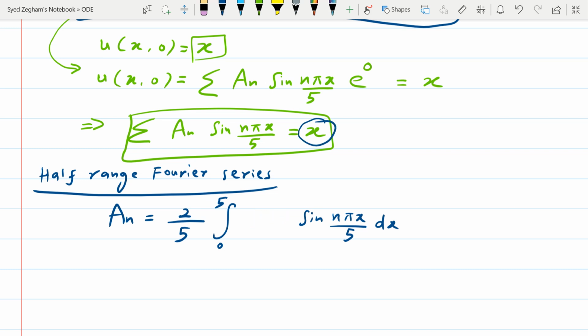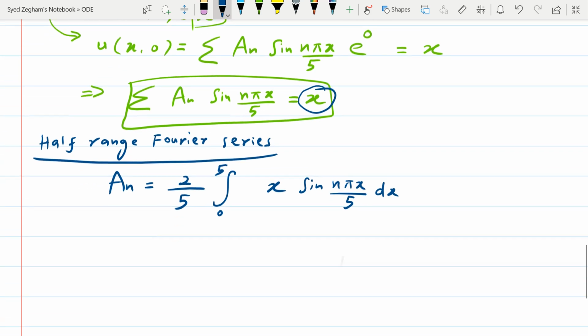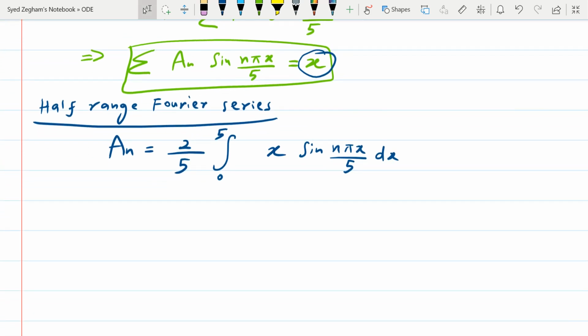So I will write here x. We know how to integrate this. Let us integrate and finish our answer.